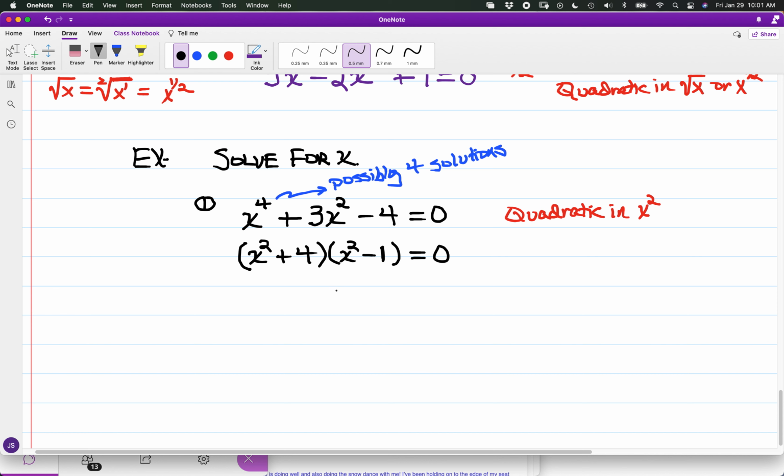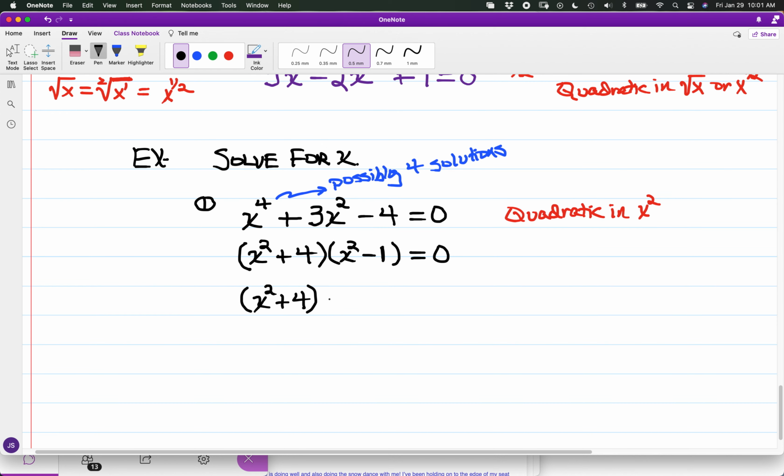0 and follow through. But if you want to look at completely factoring in terms of integer real coefficients, we have x squared plus 4. Now, it can factor a difference of squares, but you cannot factor into real integer coefficients the sum of squares.